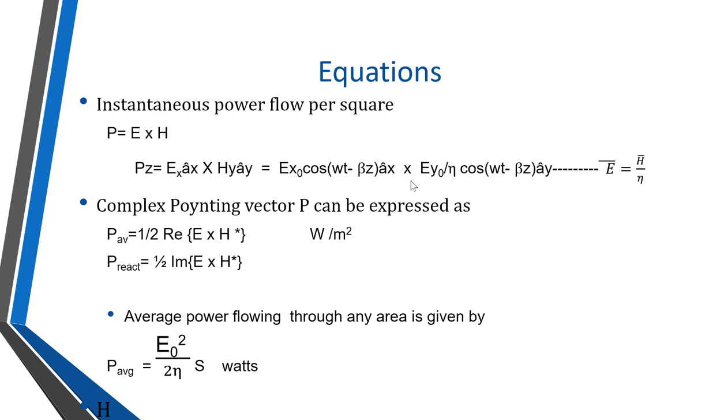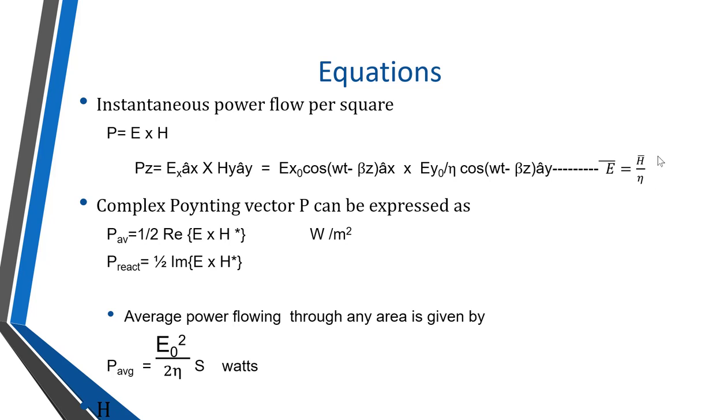Multiplied by that, Hy is nothing but E divided by eta, so Ey is Ey naught cos of (omega t minus beta z) ay cap divided by eta. That is Hy ay.